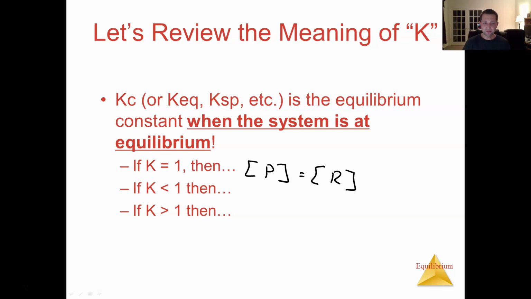So if K is less than 1 or greater than 1, what does that mean? If you remember, our K expression is the concentration of products over the concentration of reactants.